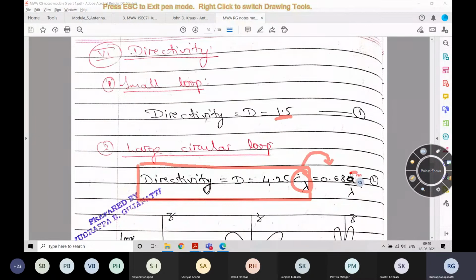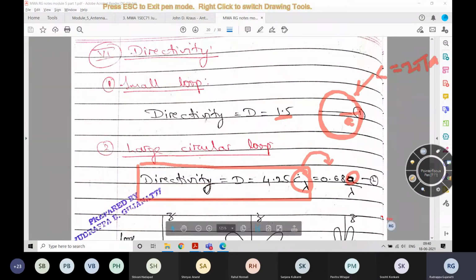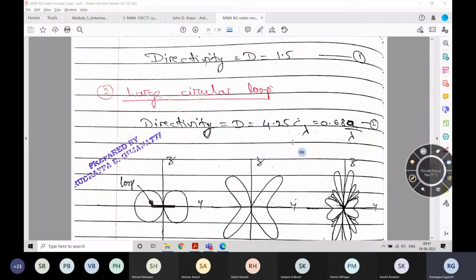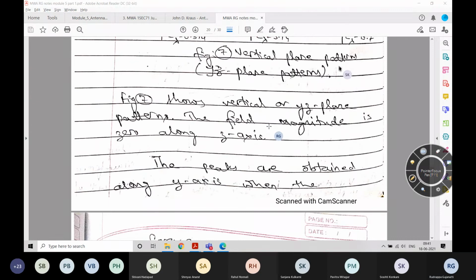If we simplify this in terms of the radius of the loop, where c is the circumference and a is the radius of the loop, the circumference is given by 2 pi a. So when I simplify it, it will be around 0.68 times a by lambda. This is what we are getting for the directivity of the circular loops.